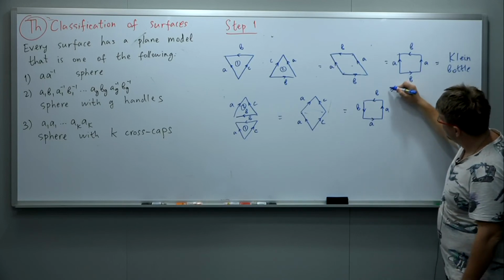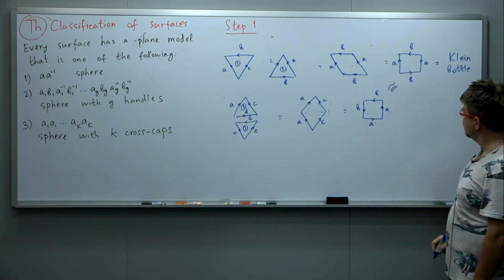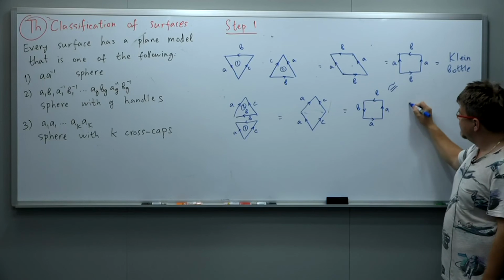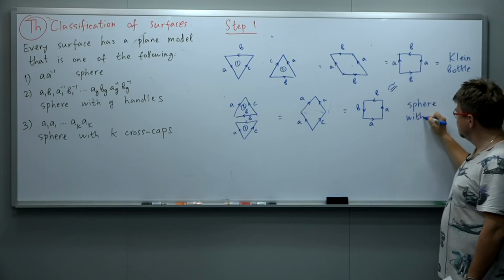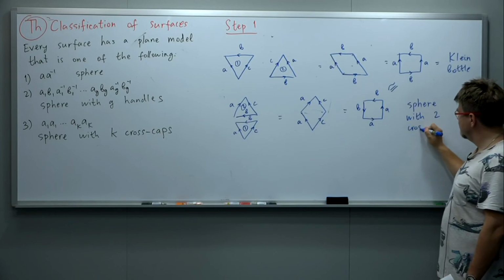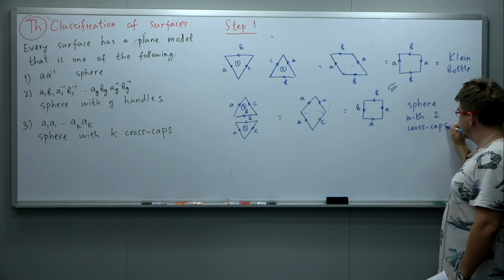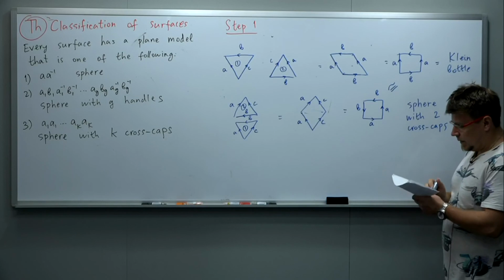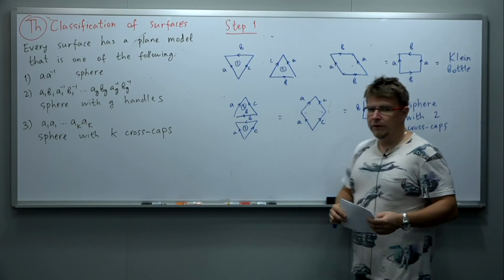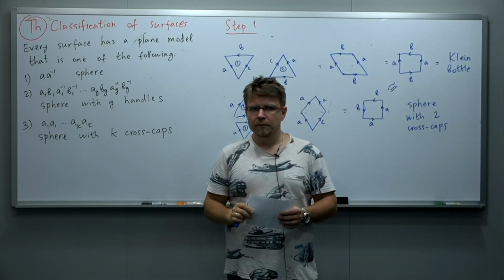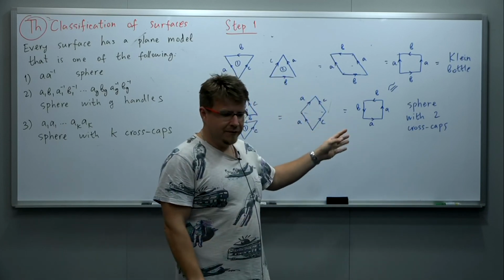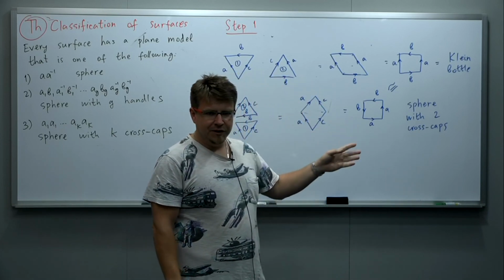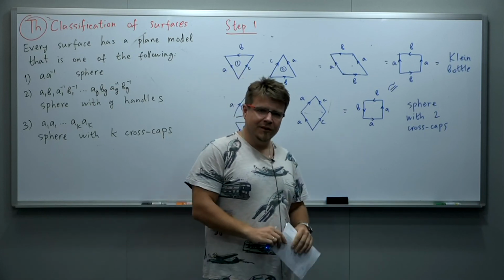Or we can say that they are homeomorphic. So this is the Klein bottle, and this is the sphere with two cross caps. All right. I hope it's clear that a surface can have different ways to represent it with a plane model.